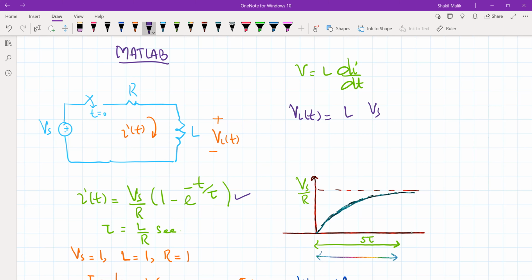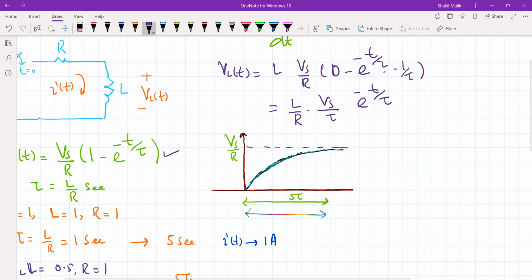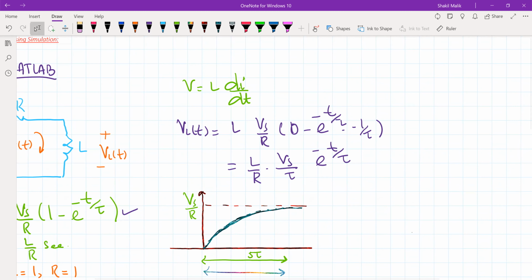Differentiating this expression, it will be Vs by R, the derivative of 1 is 0, minus e to the power of minus t by tau times minus 1 by tau, and this will be simply L by R times Vs by tau times e to the power of minus t by tau. Now if you substitute the value of tau, L by R, L and R get cancelled, so we are left with this. So VL is equal to Vs e to the power of minus t by tau.